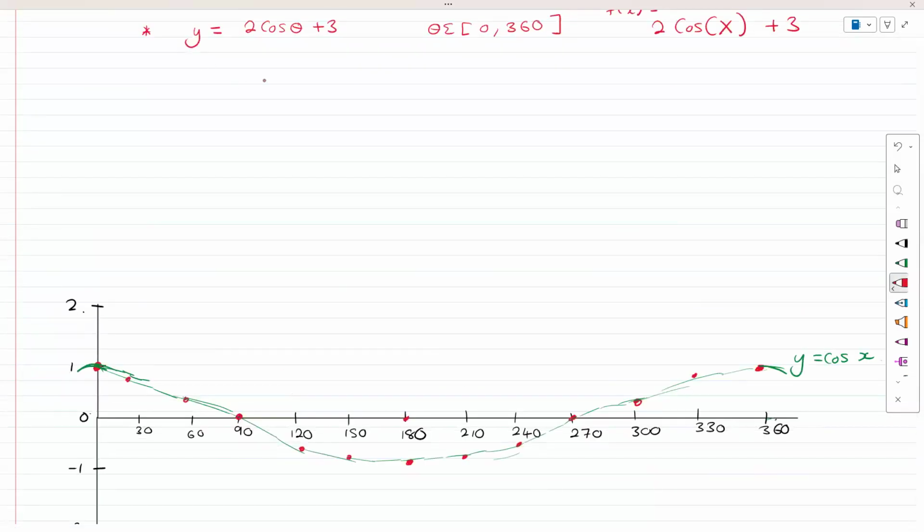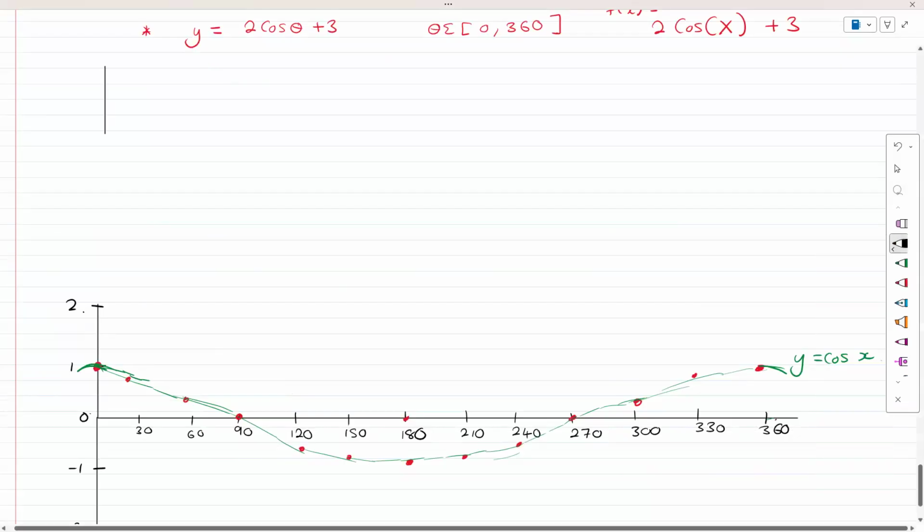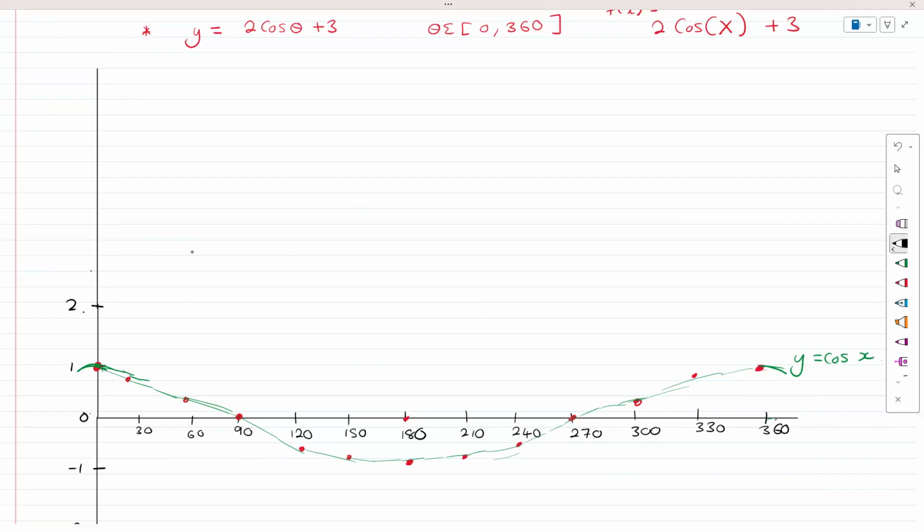Please mind my line. I understand it's not very straight, but we'll deal with it. Okay, so this line was, yeah, it's okay. That's better than I thought it would be. That's 3. That's 4. That's 5. Okay, cool. Let's start putting in values.